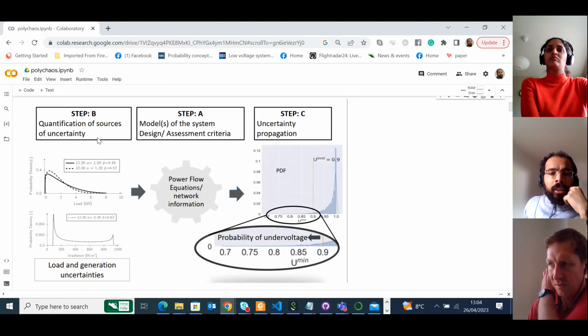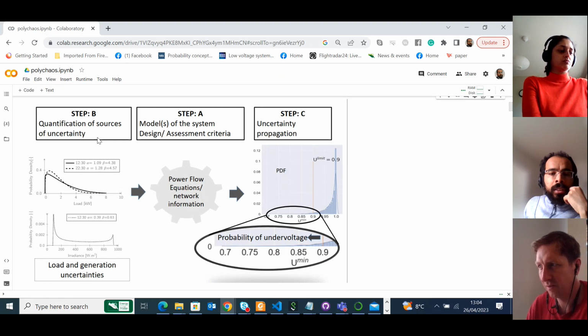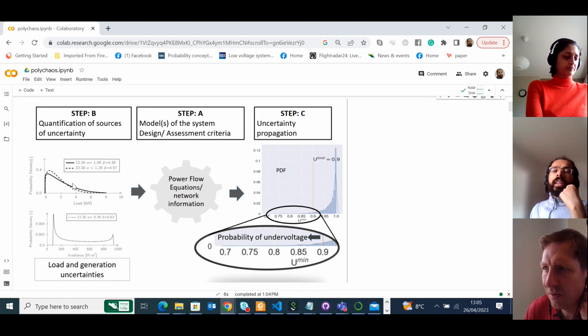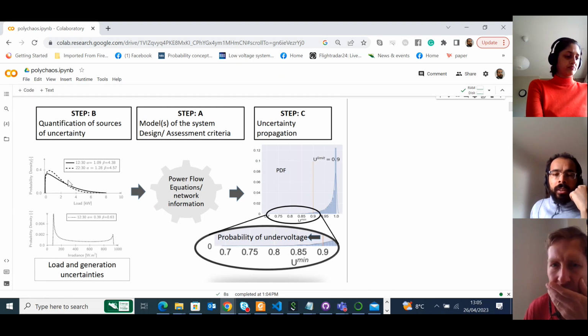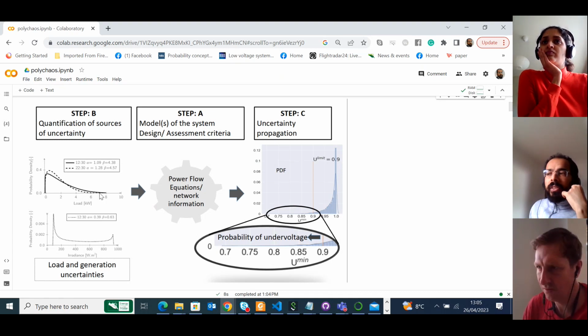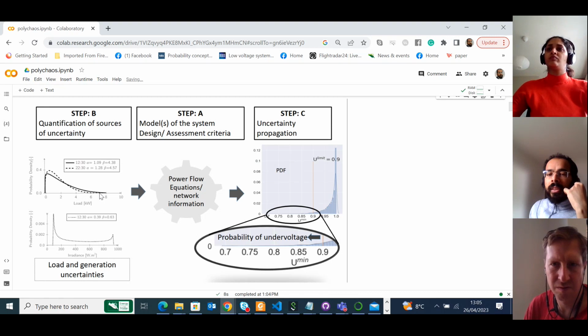In a normal uncertainty quantification, there are always three steps. First is understanding the model, or the design assessment criteria. Then understanding the input, or quantification of the sources of uncertainty: what your input looks like and what the uncertainties in it are. The third essential thing is the quantity of interest: what do you want as your output?